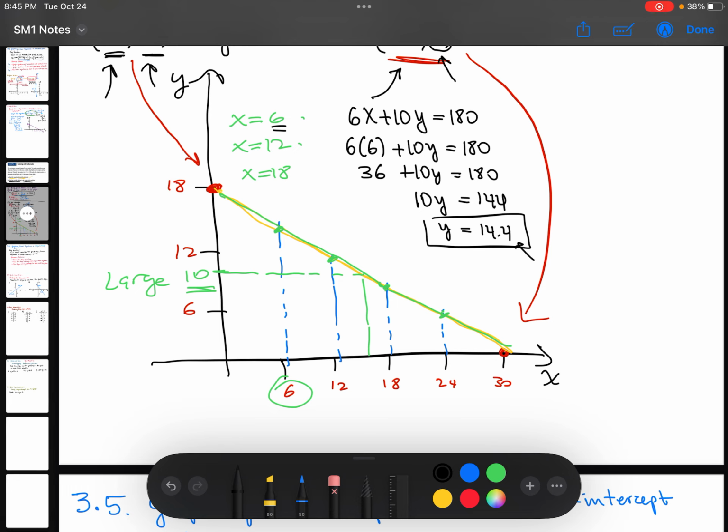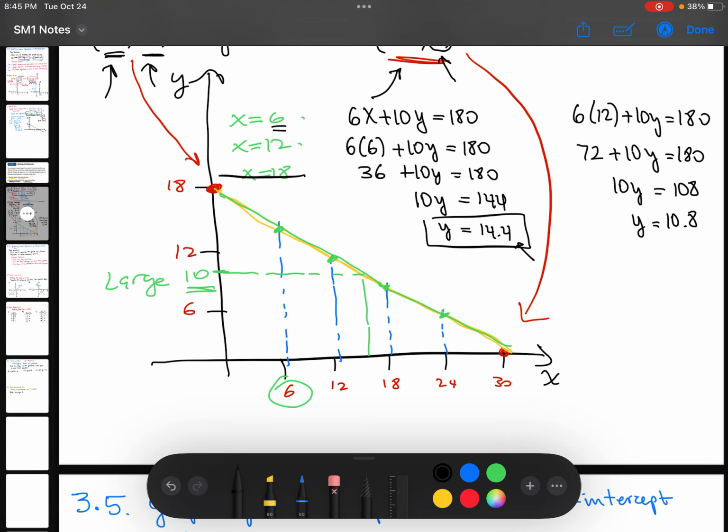Let's try 12. 6 times 12 plus 10y equals 180. This is 72 plus 10y equals 180. And we have 10y equals 108, and we have y equals 10.8. Doesn't work either, my friends. Let's rule this out.